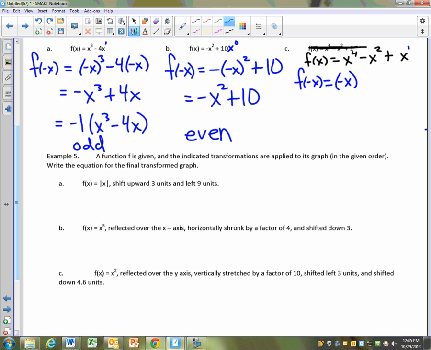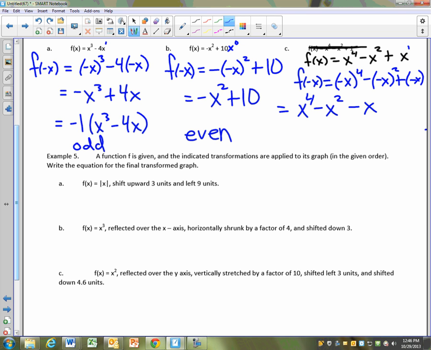Negative x, quantity to the fourth, minus negative x squared, plus negative x. What is negative x to the fourth? x to the fourth. Minus negative x squared? Minus x squared. I've got a minus x on the end.